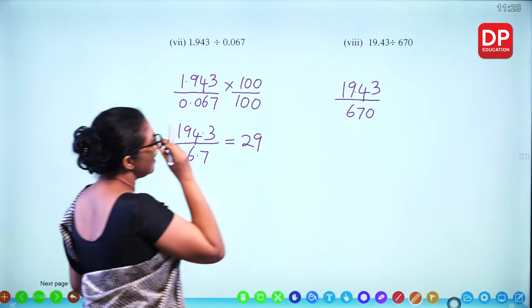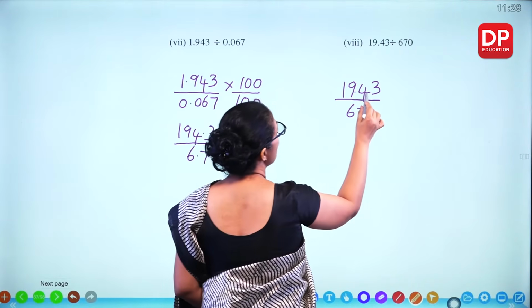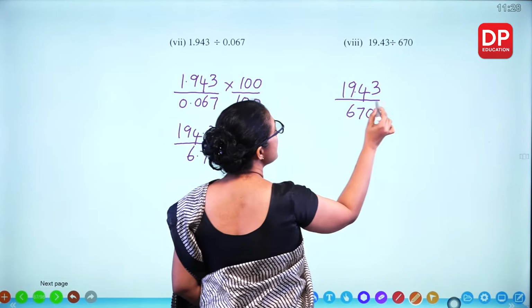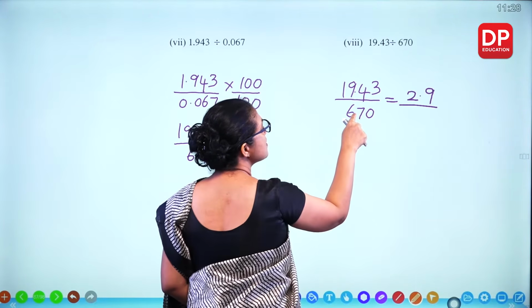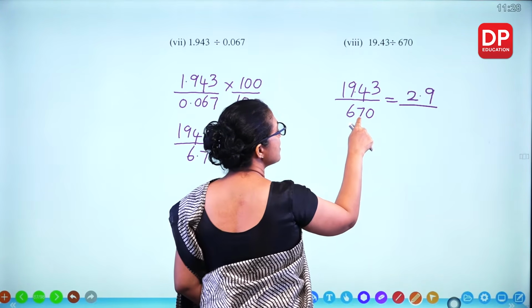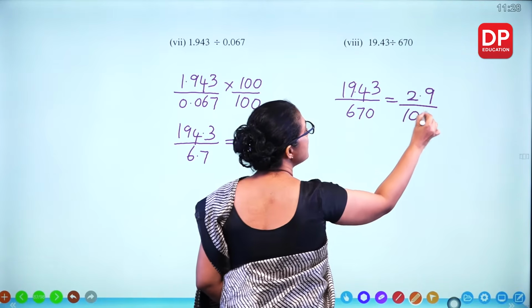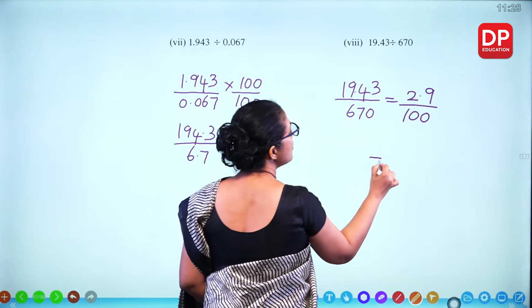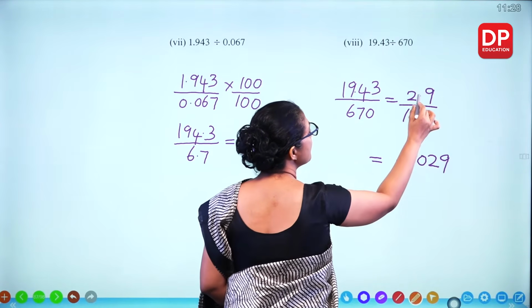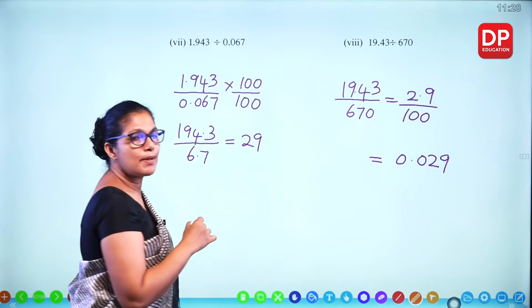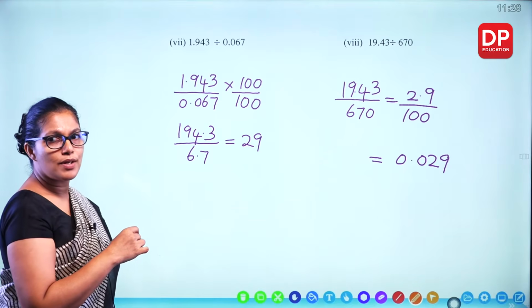We'll take that one and see. 19.43 divided by this is 2.9. But here this is multiplied by 100. So 2.9 divided by 100, you get 0.029. Two places you move the decimal place, 0.029.